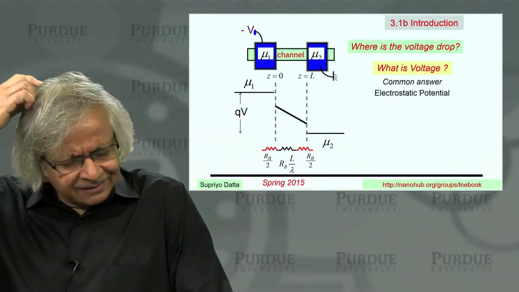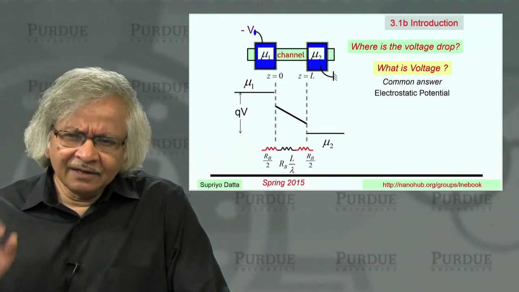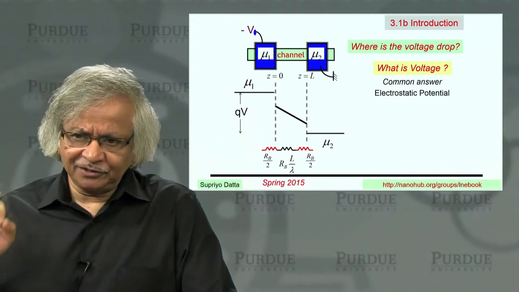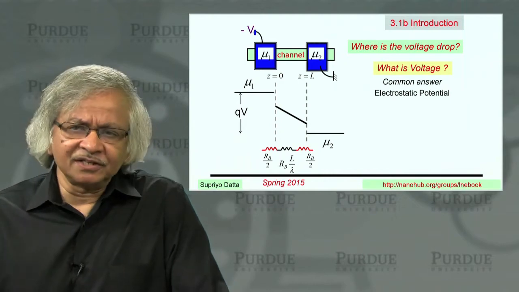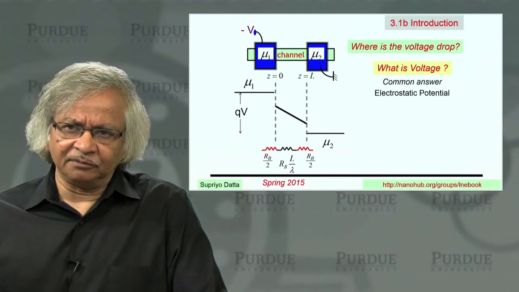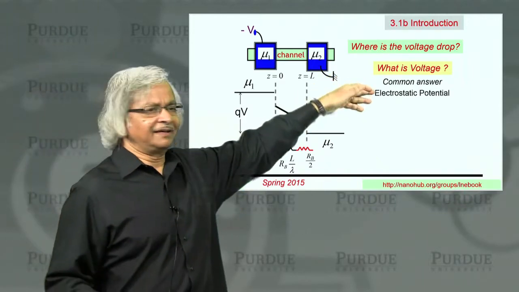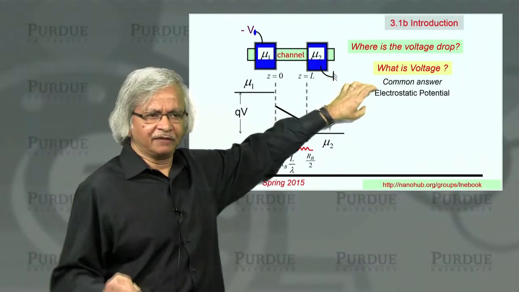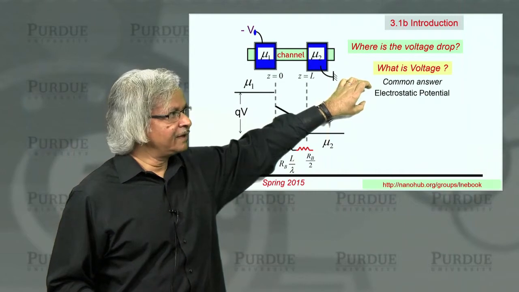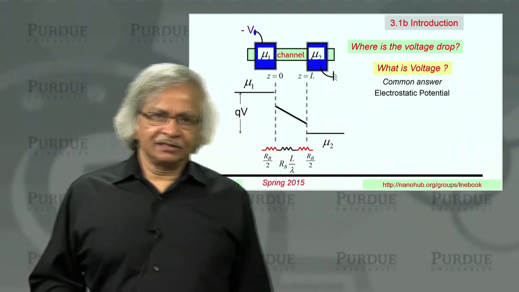And the reason is that this electrochemical potential is a deep, subtle concept. You see, it's a concept from statistical mechanics, and people feel uncomfortable about it. And they're often much more comfortable talking about something like electrostatic potential, which they feel everyone understands. But this really isn't quite right.